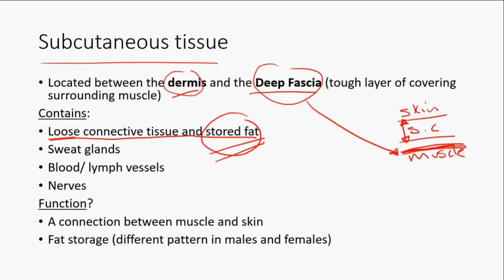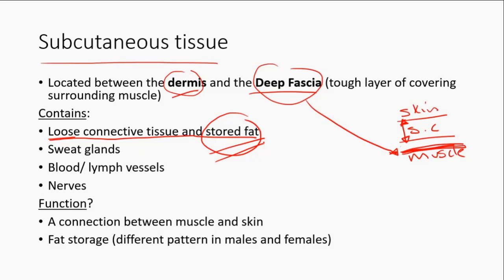Maybe a man's subcutaneous tissue is greater around the belly and maybe the upper body. Also, if the subcutaneous tissue is the place where we store fat in our body, which person will have a thicker subcutaneous layer? A thin person or an obese person?